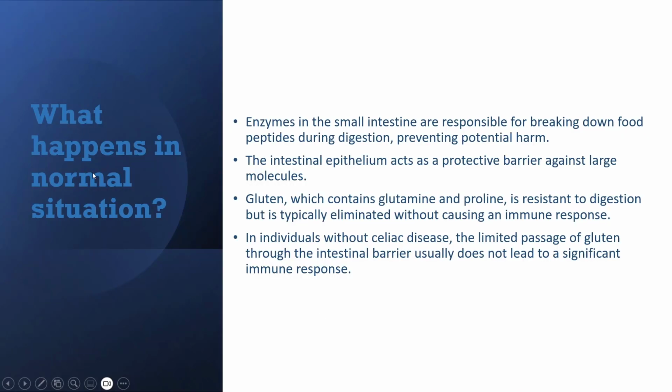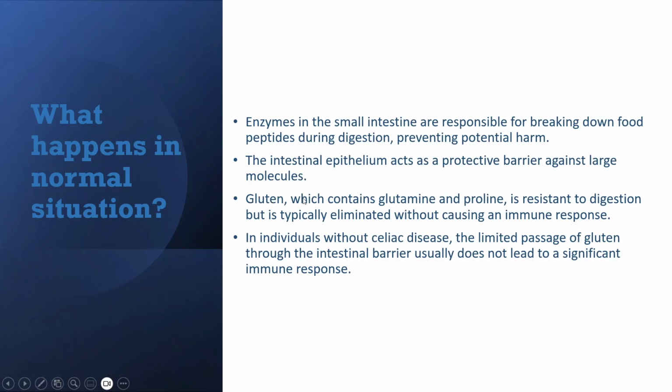Now, what happens in normal situations? Enzymes in the small intestine, as we know, are responsible for breaking down food peptides during digestion, preventing potential harm. The intestinal epithelium acts as a protective barrier against large molecules.